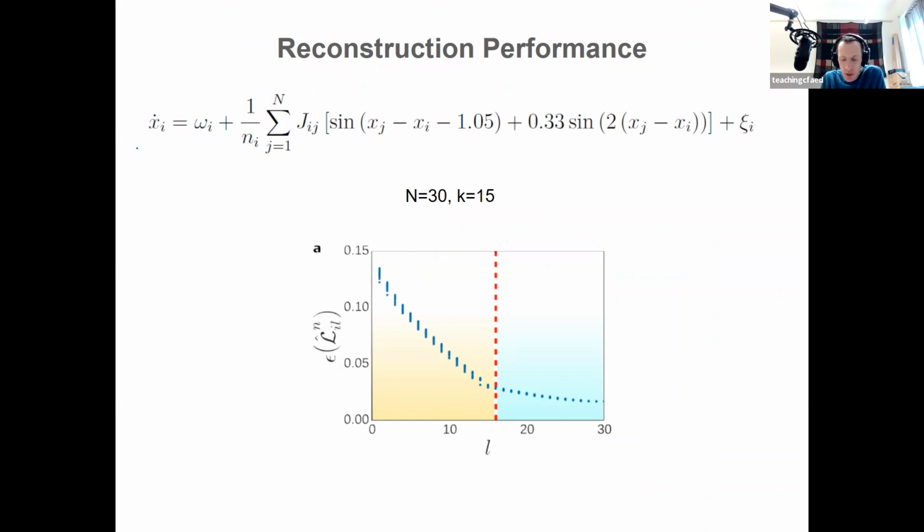And this is a modification of the Kuramoto model, which has a shift here and a bias. And also it has double the frequency here. And there's some noise on top. And we pick a random network of 30 nodes and connectivity 15. So a random regular network. Each node has 15 inputs, to see where 15 lies on our error measure. And the error drops. And these are different realizations. The error drops, and at some point it levels off.